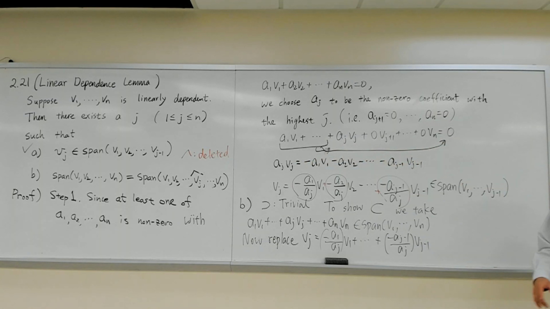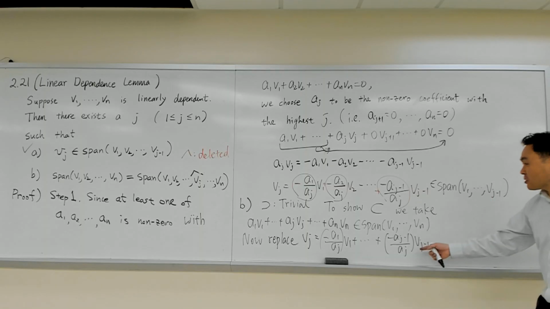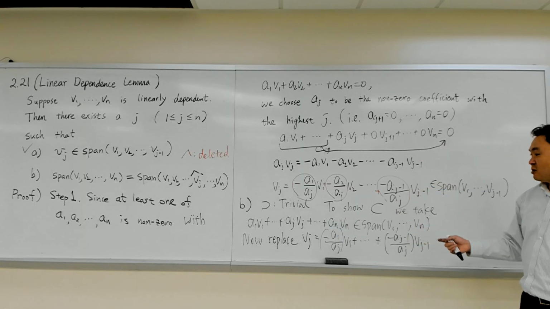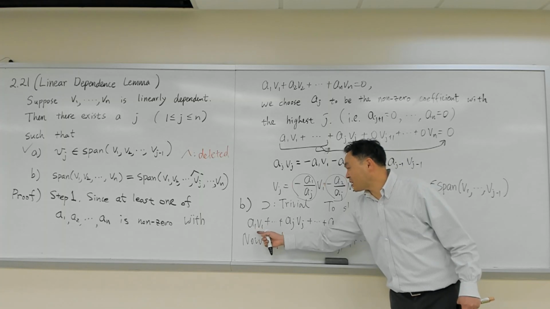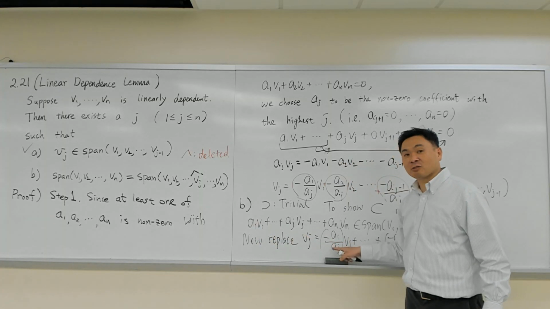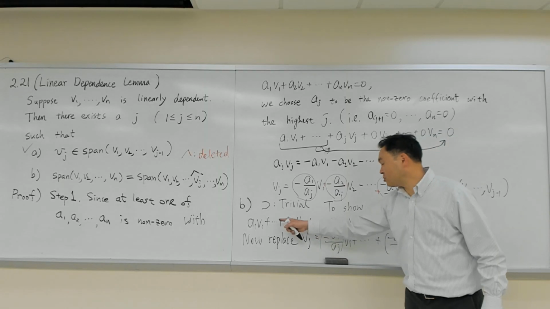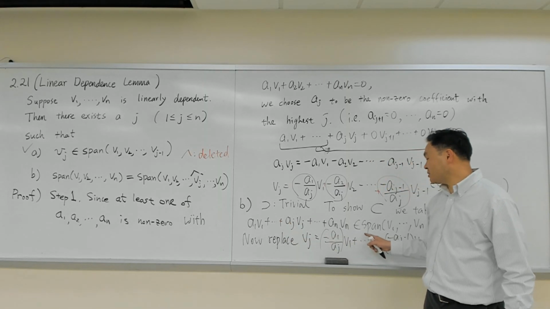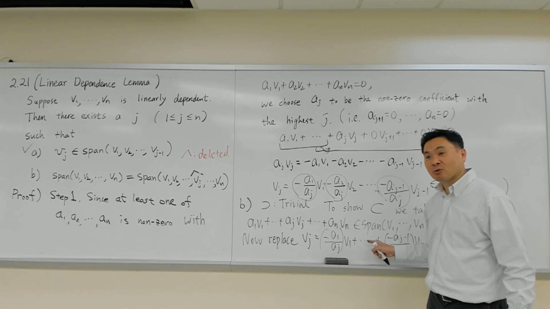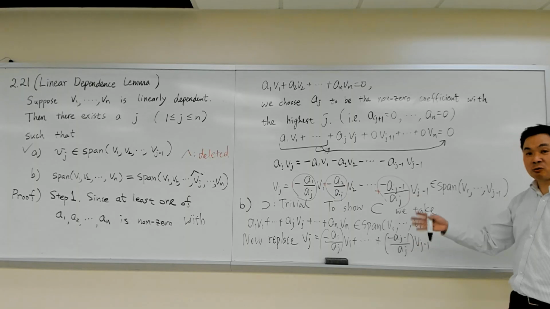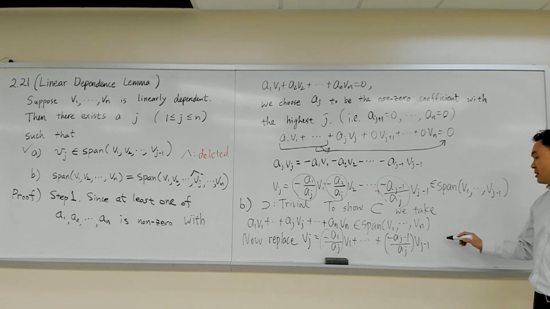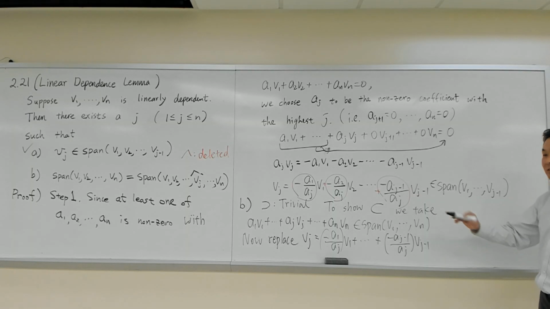I don't have any room to write it, but if you plug this in here, V1 now has this plus this as its coefficient, and V2 now has A2 plus negative A2 over AJ as the coefficient. So just keep going and rewrite that, and then the other inclusion is proved.